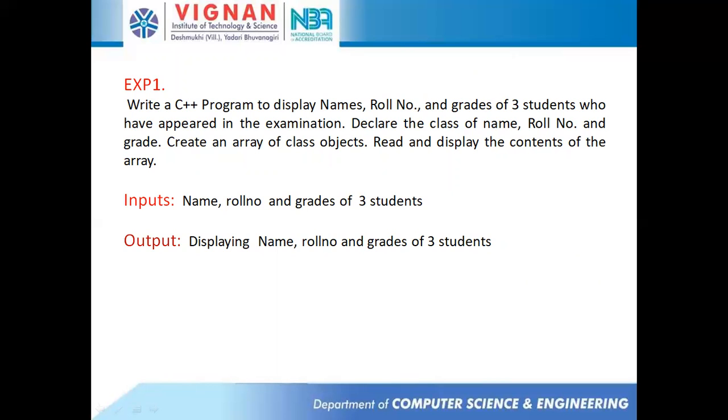We would have to give 3 different object names, like student S1, S2, S3. Instead of giving 3 different names for each object, we can use the array of objects concept. That means you can create an array of objects with a single name, and use the indexes of the array for the 3 different students. So you can declare the array of objects with size 3.